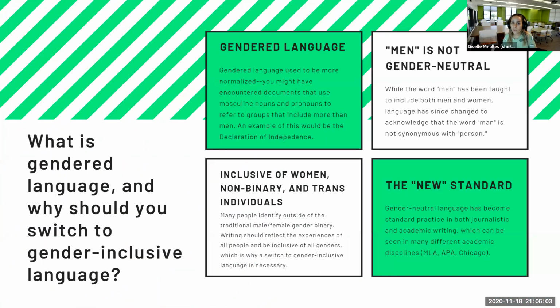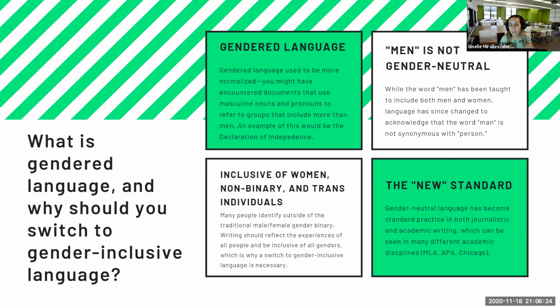So to start, I want to talk about what is gendered language and why you should switch to gender inclusive language. In short, gendered language used to be more normalized. So you might have encountered documents that use masculine nouns and pronouns to refer to groups that include more than men.